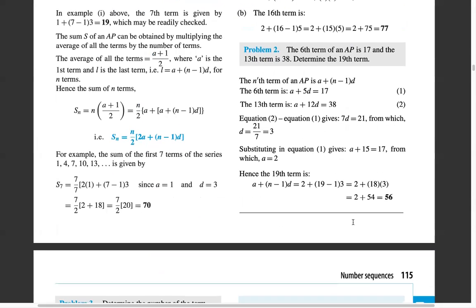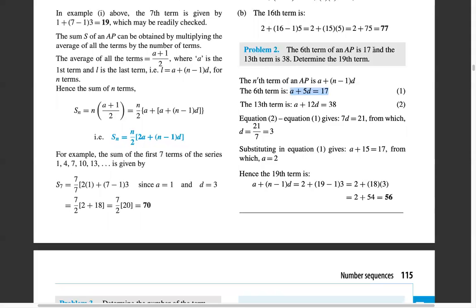So look at this problem now. They said the 6th term is 17 and the 13th term is 38. Find the 19th term. When you plug in n equals 6 and a6 equals 17, you get a plus 5d equals 17.